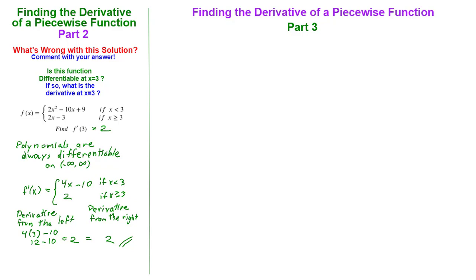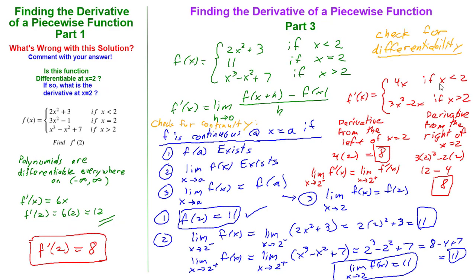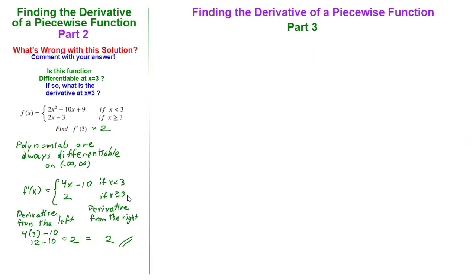Which, if you noticed in the last problem, we did say the derivative from the left for x less than 2, the derivative from the right was x greater than 2. So technically, the first mistake here was including this or equal to part. It should just be x less than 3 here and x greater than 3 here. That's the first mistake. And you do get the derivative from the left and the derivative from the right equal to each other. But the problem here is you do need to check for continuity.